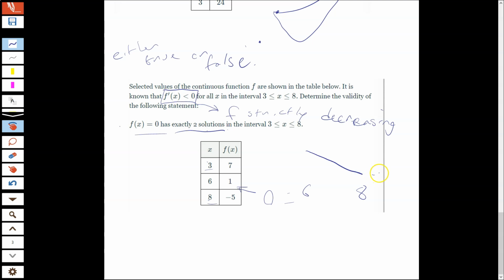We know that this is -5. This is 1 up here in terms of my x and y values. 0 has to be somewhere in the middle. Okay. So notice if f never goes back up, it never crosses that 0 line again. So if the function is decreasing everywhere, you can't have exactly two solutions to f of x equals 0. F of x equals 0 can only be true once. So this one is definitely false.